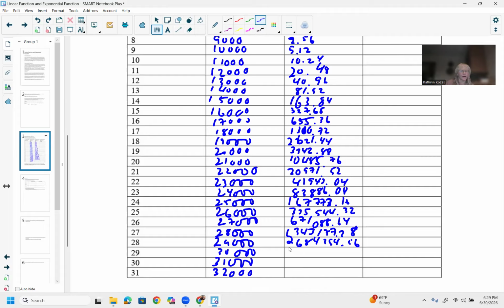Double that again. We're at $5,368,709.12. Double that again. We're now at $10,737,418.24. And double that one more time, you're at $21,474,836.48.